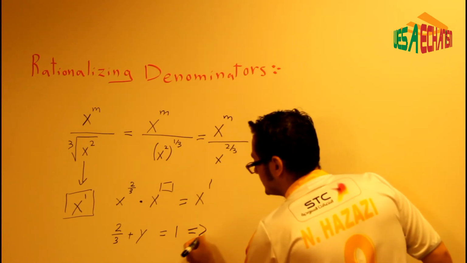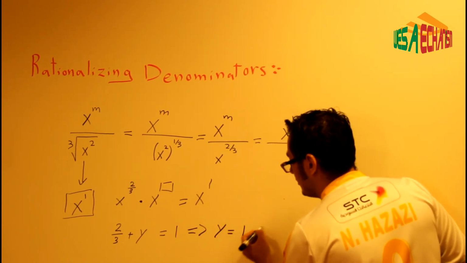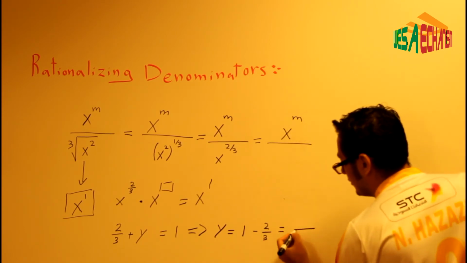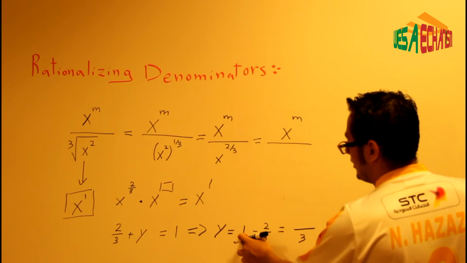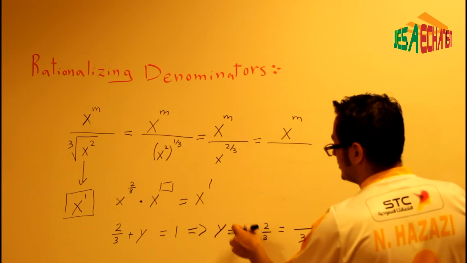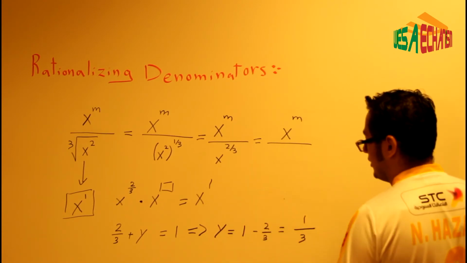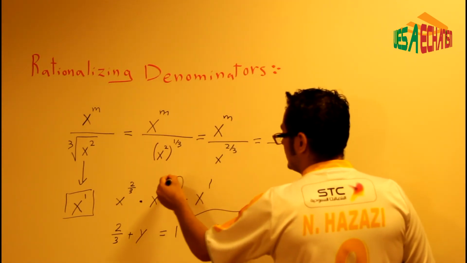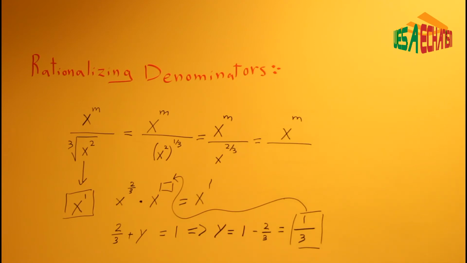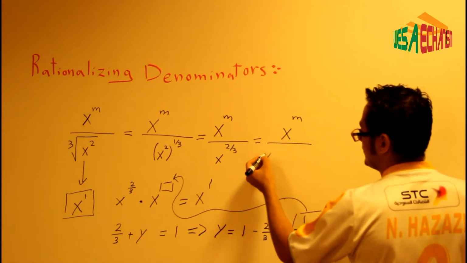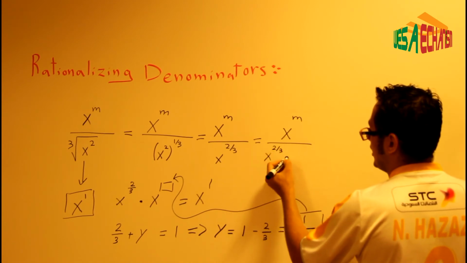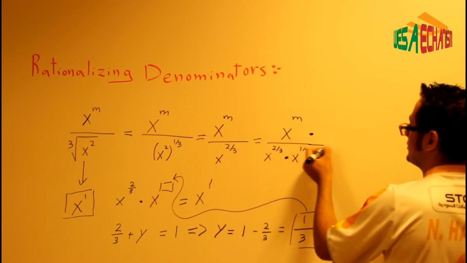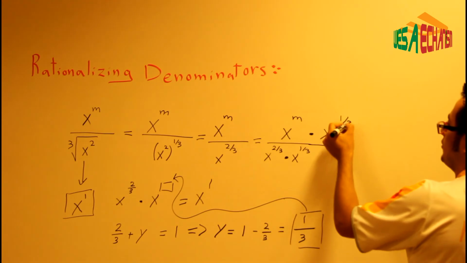So y equals 1 minus 2 over 3, which is 3 over 3 minus 2 over 3, which is 1/3. That means this number 1/3 is in here, which means we have x to the 2 over 3 multiplied by x to the 1 over 3, and the upper part is also multiplied by x to the 1 over 3.